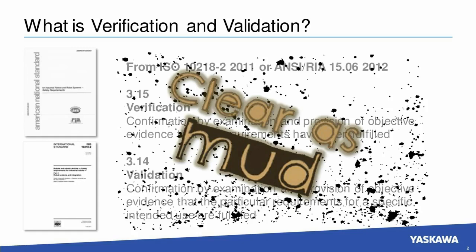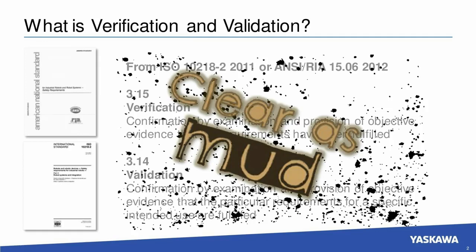And validation, similarly, actually, is confirmation by examination and provision of objective evidence that the particular requirements for a specific intended use are fulfilled. Well, to me, that's clear as mud. I get those two easily confused because the definitions are so close to being the exact same thing.